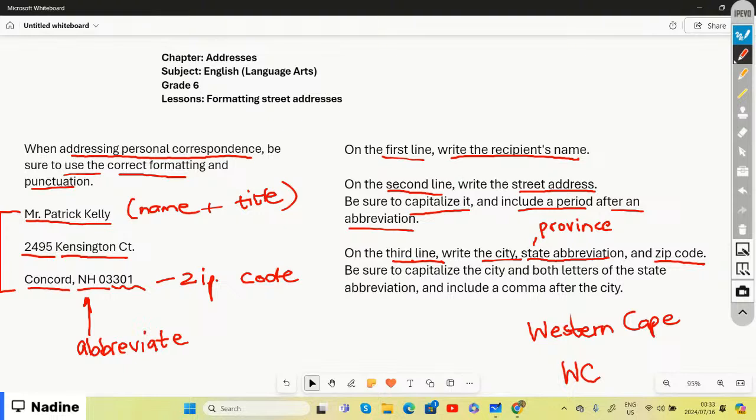Do they call it zip code because of a zipper? I don't know why they call it a zip code. All right, but at least we know the certain words for next time when somebody mentions it, and you'll be able to be part of the conversation because you know now what to do.